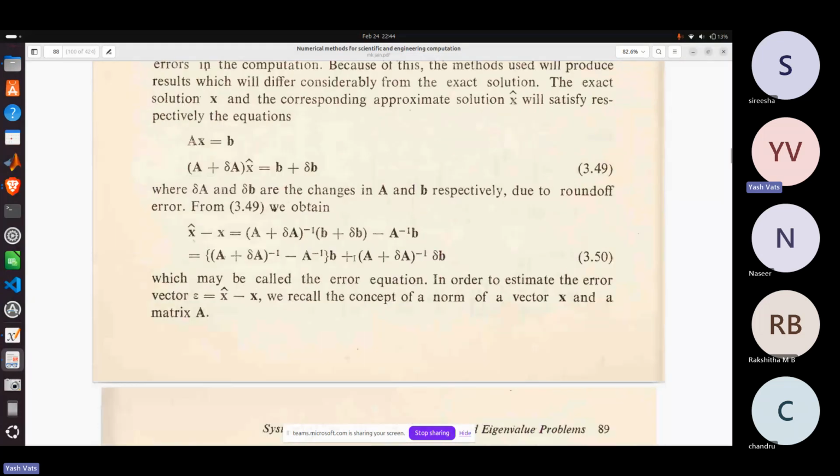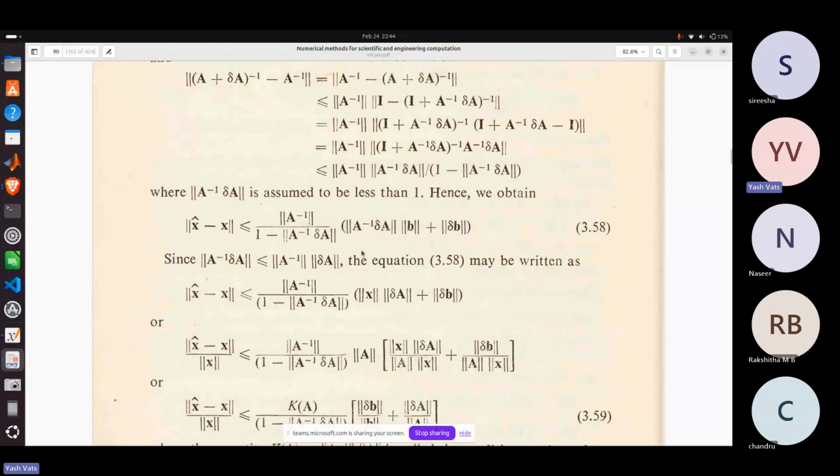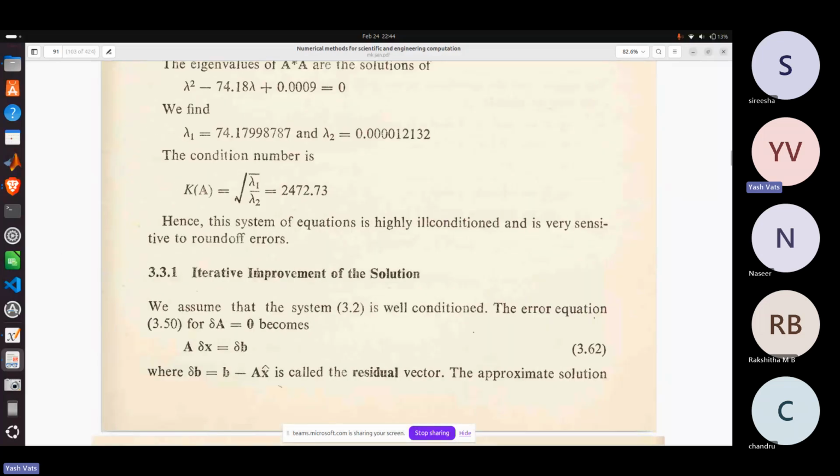Okay, so we are going to discuss a bit more about the iterative methods.